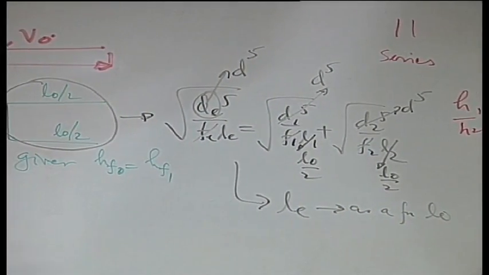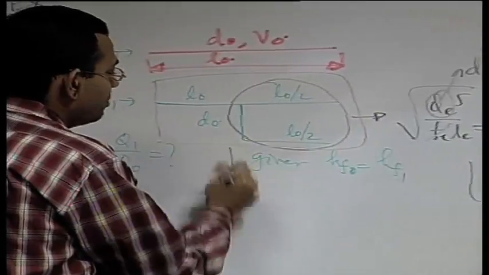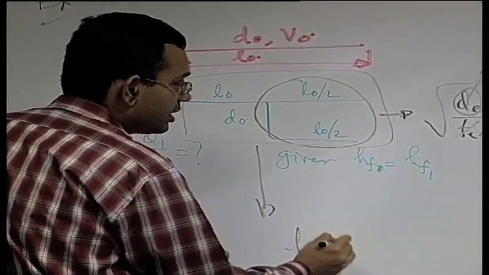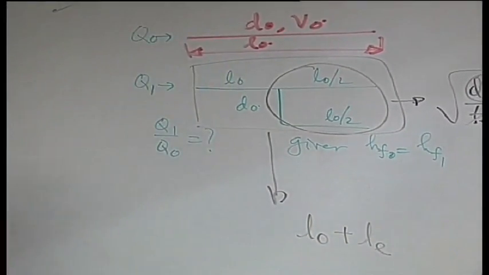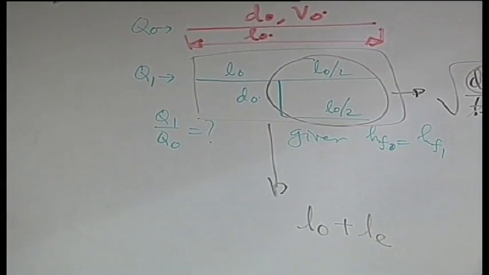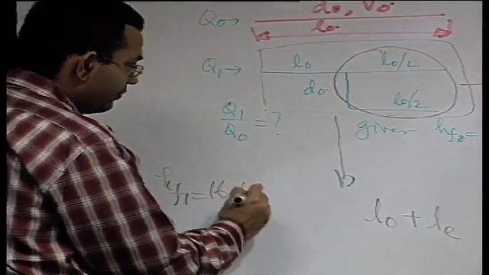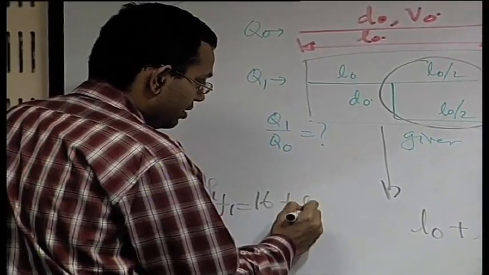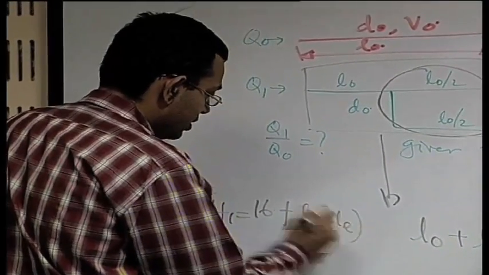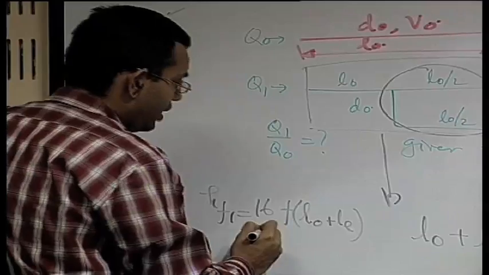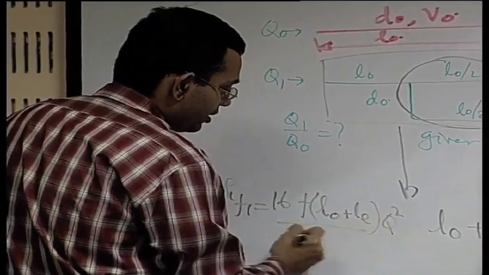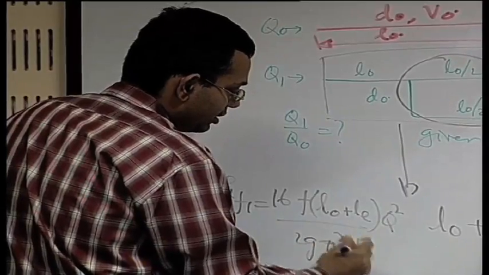Then this entire pipe is as if replaced by a pipe of length L0 by 2 plus L equivalent, and you have HF1 equal to 16 F into L0 by 2 plus L equivalent into Q1 square by 2G pi square d to the power 5.